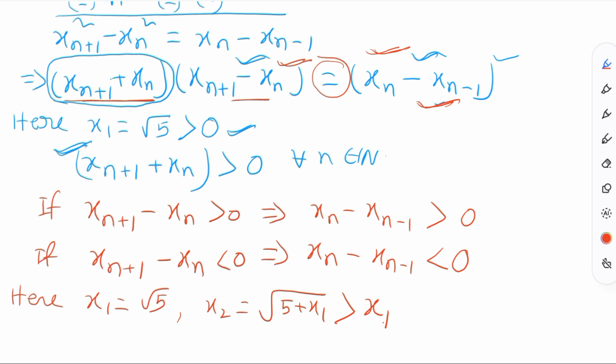So from this line you can write x2 is greater than x1. That means from this line, using the assumption, xn plus 1 is greater than xn.